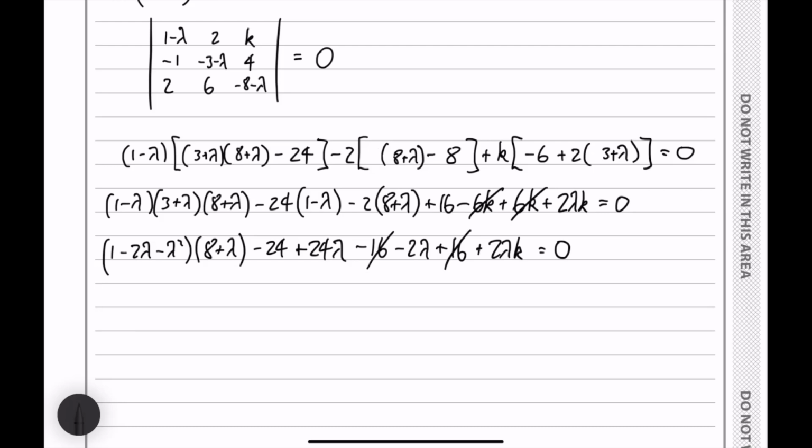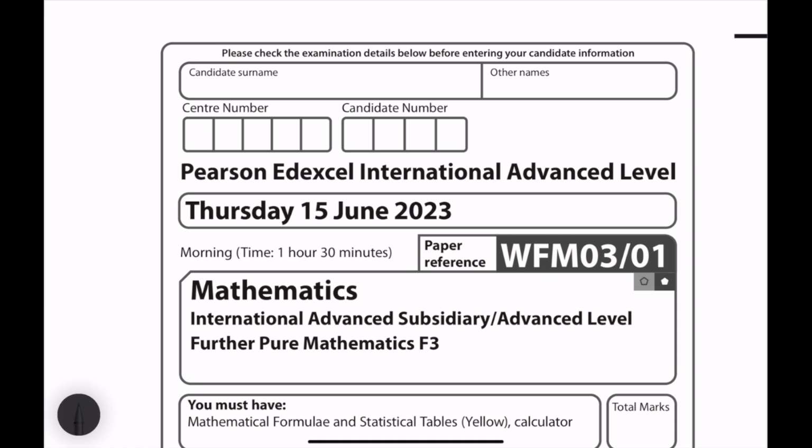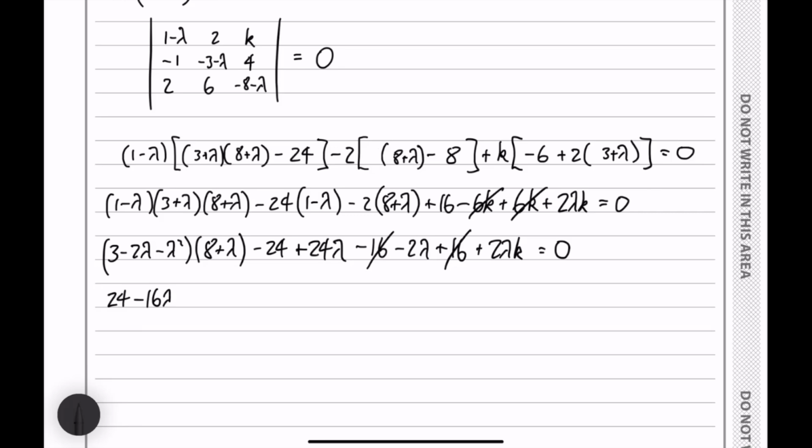Get rid of those. Why have I got a 1 here? That's clearly a 3. Timesing all this by 8, we get 24 minus 16 lambda minus 8 lambda squared. Now times it all by lambda, we get plus 3 lambda minus 2 lambda squared minus lambda cubed minus 24 plus 24 lambda.